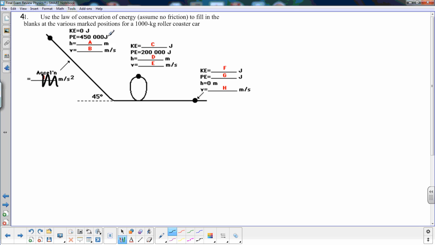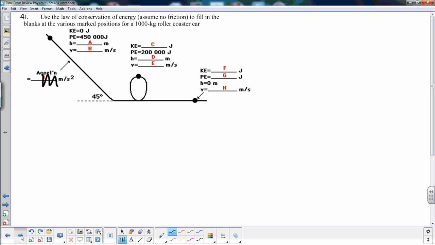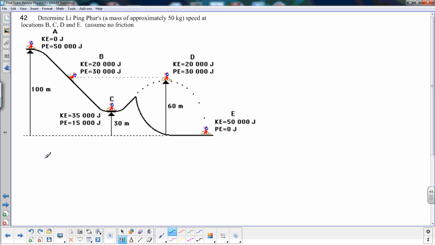So at B, kinetic energy is 20,000 joules, equals 1/2 mv squared. C, 35,000 joules equals 1/2 mv squared. D, 20,000 joules is 1/2 mv squared.